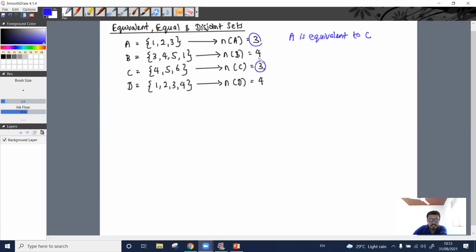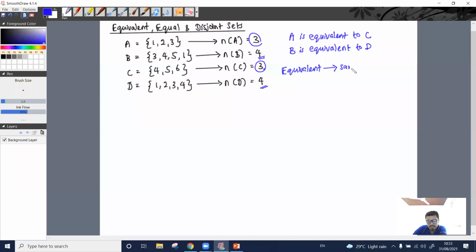Then, if we take this one, in set B there are 4 elements, and in set D again there are 4 elements. Therefore, what we can say, set B is equivalent to set D. So the term we can use is equivalent when the cardinal number is the same, right?